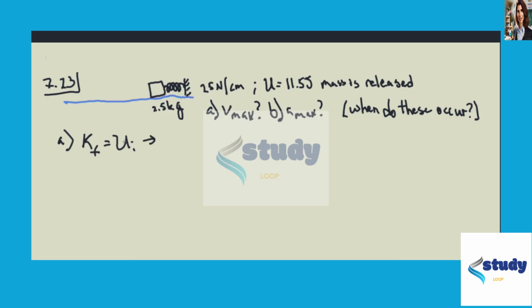And this is just given. So 1/2 mv squared is equal to, and the spring after this is released has no more potential energy, so the final potential energy is entirely converted into the kinetic energy of the block moving across the table.